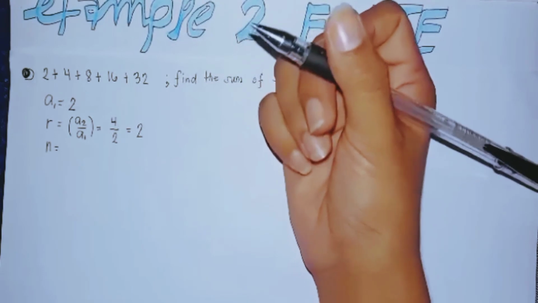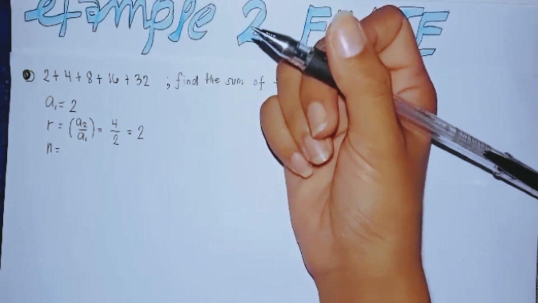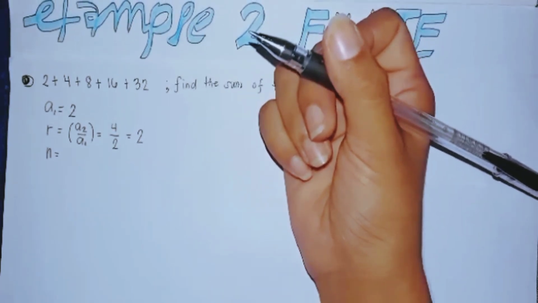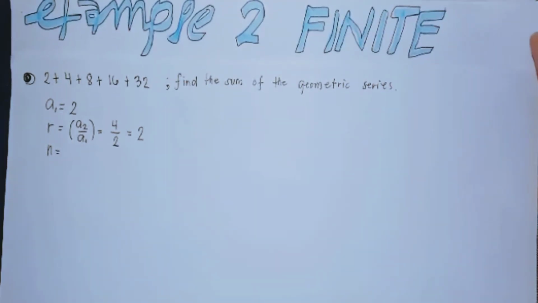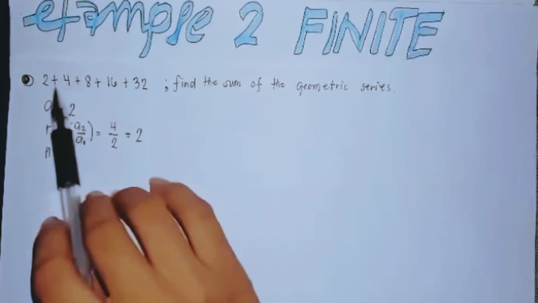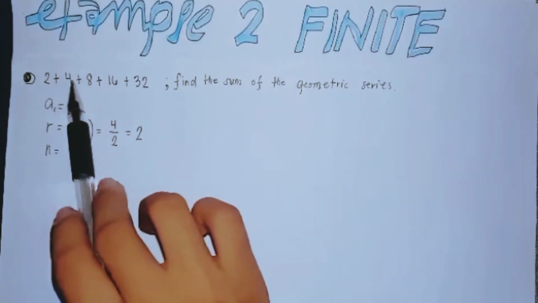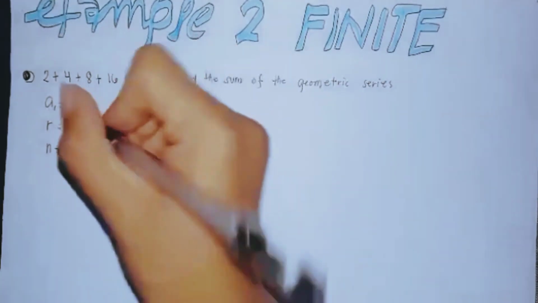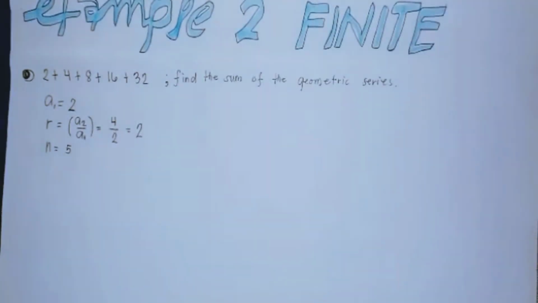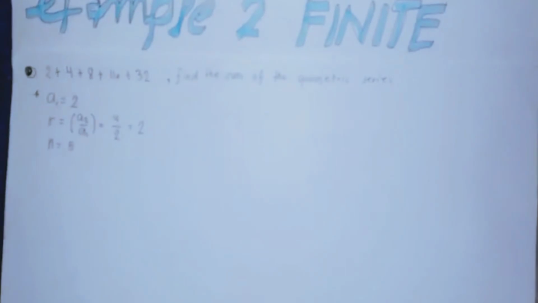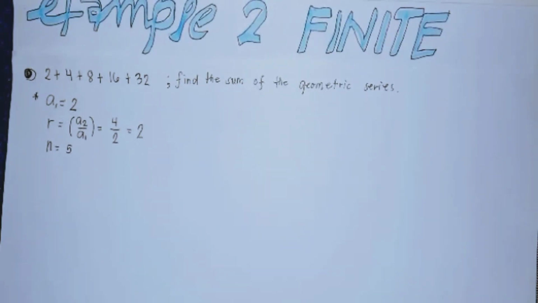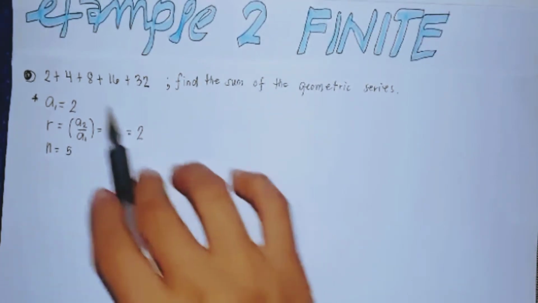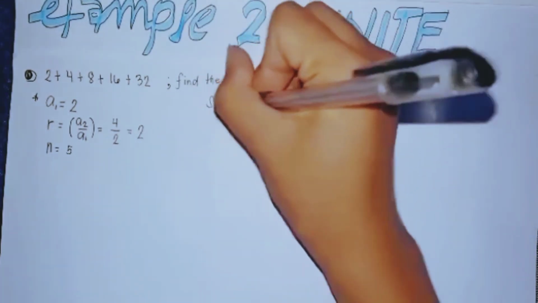Next is n. And n, as we have defined in the previous video, is the number of terms present in a given series. So let's count the number of terms. 1, 2, 3, 4, 5. Therefore, our n is 5. And then after determining the values of A1, r, and n, let's proceed to substitution of these values to our formula.